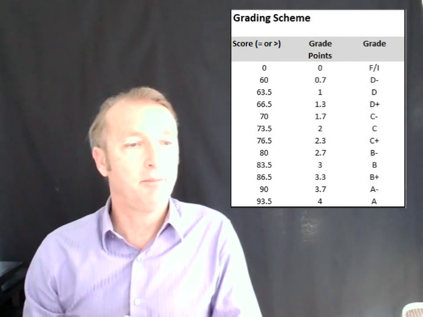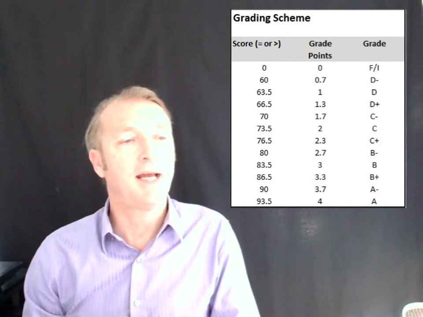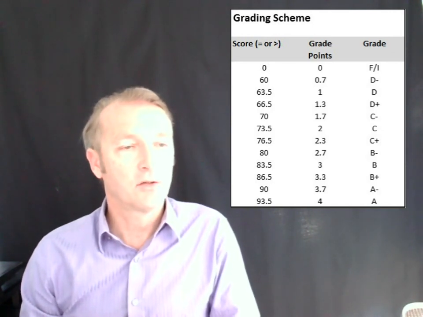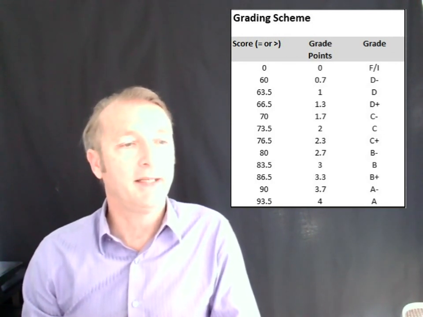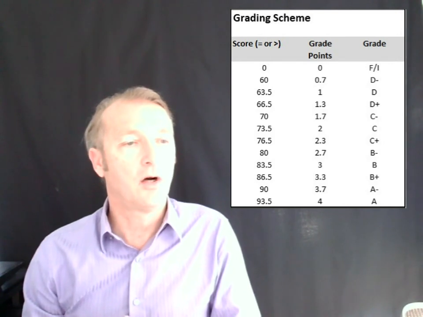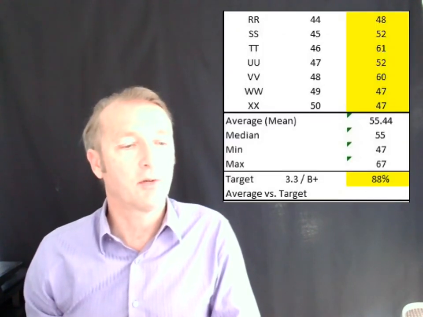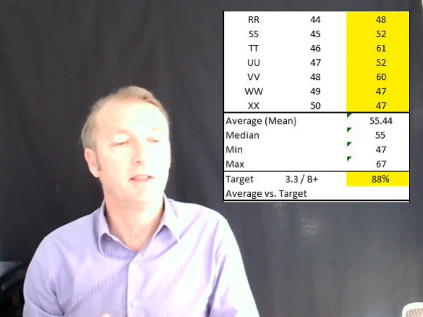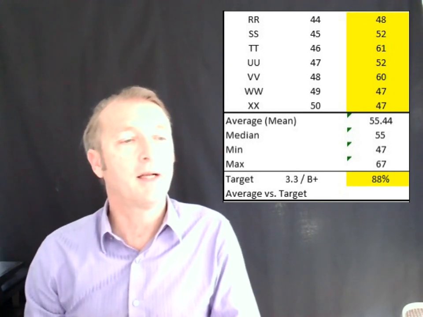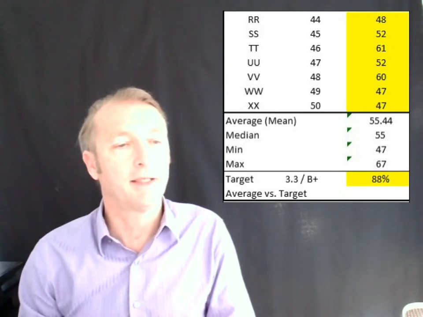In this case, a B plus starts at 86.5 and ends at 90. So what I do here, I set a target score of 88, so that's what I'm going to hit, and that's what you can see here in the column at the bottom, that I put in a target of 88%.